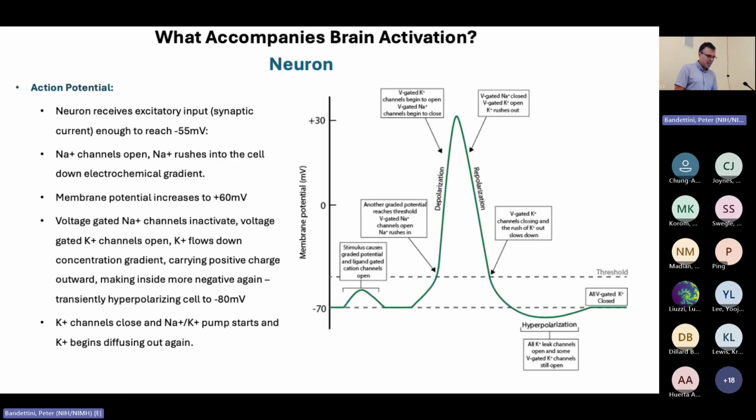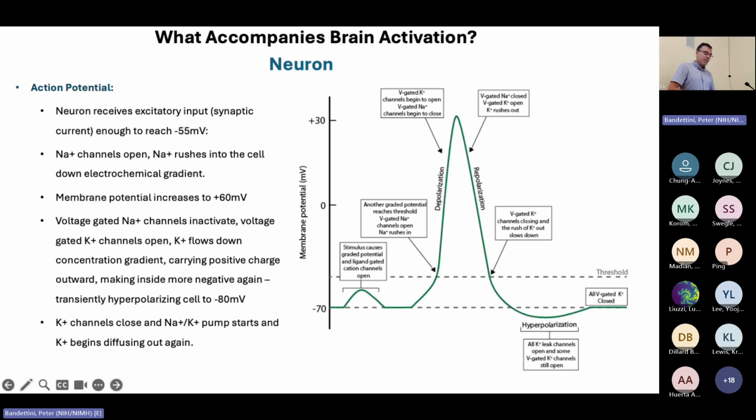During an action potential, and this lecture is not about action potentials, but essentially, once the membrane potential receives excitatory input such that it goes to about minus 55 millivolts, a cascade of things happens. This is pretty much the basis of everything going on in our brains right now, and it's a really efficient way of transferring information.